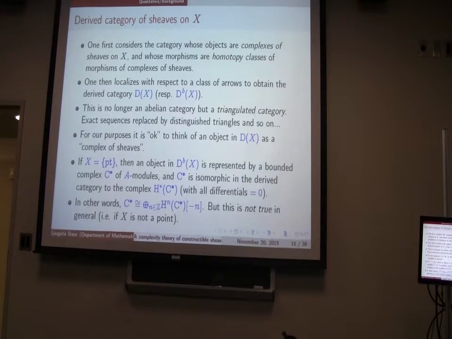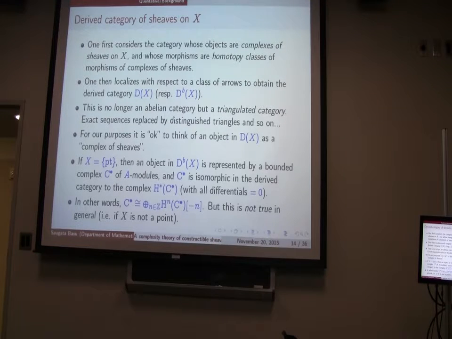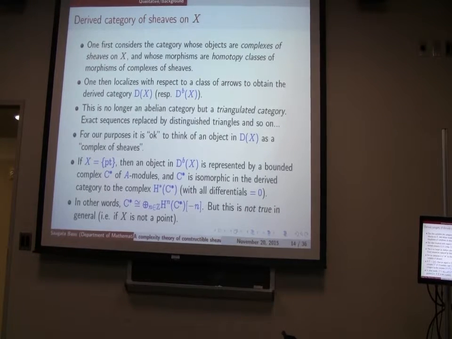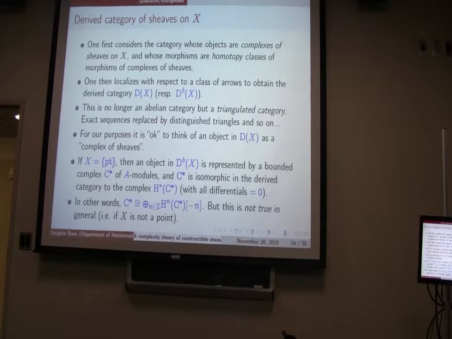Do you mean one of the subscripts to be upper and one lower? Yes, upper goes up. Okay, great, thank you. So that's just the complex.